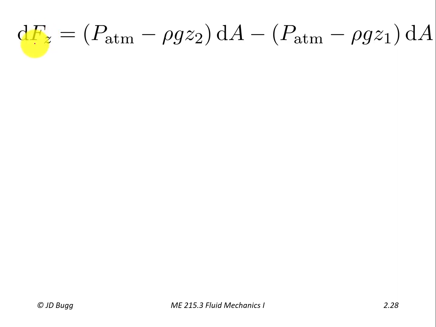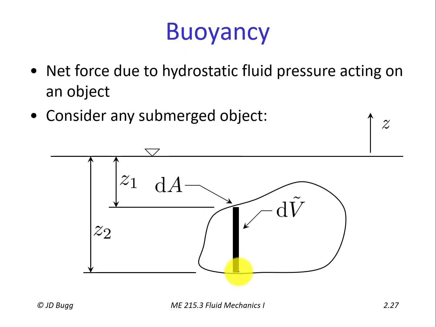Well, the first part of this is the force on the bottom of that slice pointing upwards. So atmospheric pressure minus rho g Z2 times dA. And we'll just go back to our diagram here. So that's the force pushing in the positive Z direction, in other words, pushing upwards on the bottom of the element of volume.